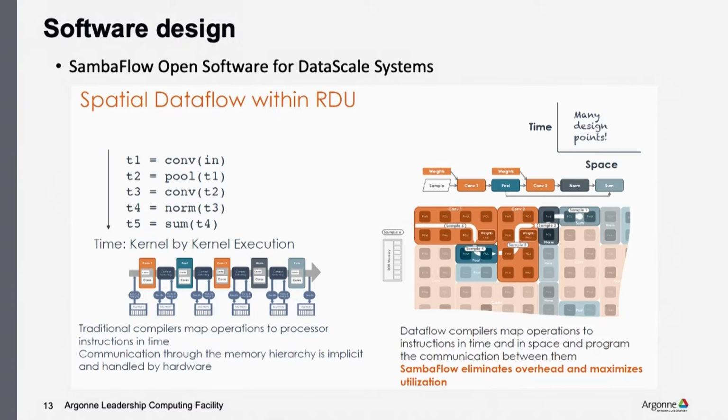The compiler maps the operations to the real hardware in time, and gives you a very high performance layout to improve the memory access performance and the compute performance as well. The communication between the PCU and the PMU in the RDU also gives very high performance. So SambaNova eliminates the overhead and maximizes the utilization of the memory access and the compute.